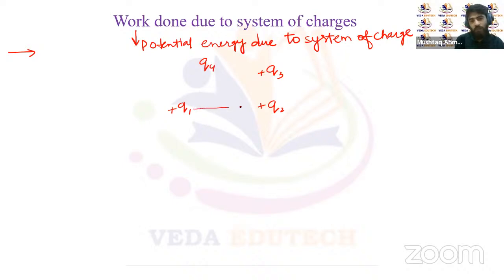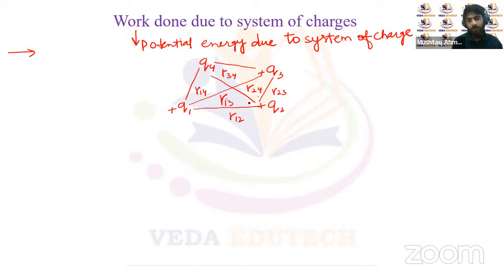Let's suppose the distance between Q1 and Q2 is R1,2, between Q2 and Q3 is R2,3, between Q3 and Q4 is R3,4, and between Q1 and Q4 is R1,4. And let's suppose the distance between Q1 and Q3 is R1,3, and the distance between Q2 and Q4 is R2,4, right?